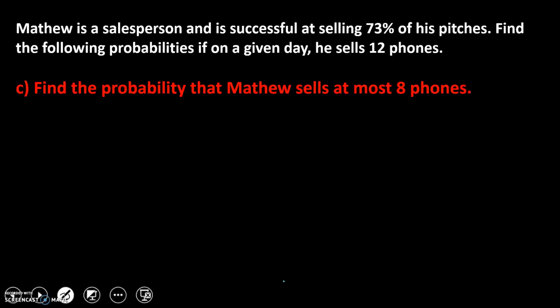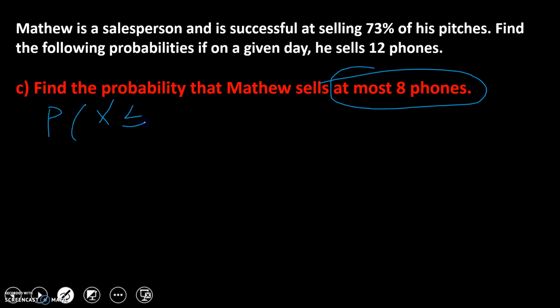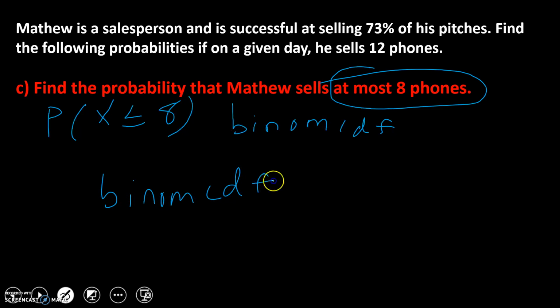Same problem, different part. Find the probability that Matthew sells at most 8 phones. When you have at most, you have P of X less than or equal to 8, and for this you just use binomial CDF of 12, 0.73, 8.